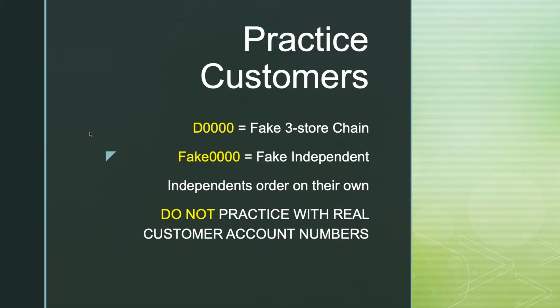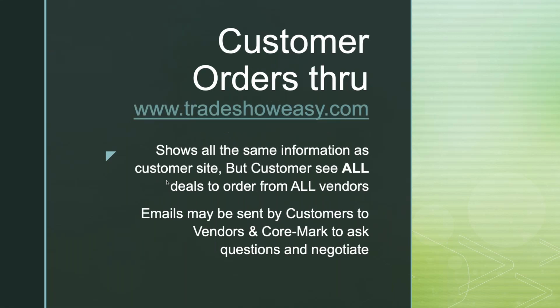The independent customers are going to be ordering on their own after, obviously, you have your meetings. Like I said, do not practice with real customers. As we go along, you'll see why. The customers are going to order through tradeshoweasy.com. That is where you have logged in to do any of your deals. They would log in at that same login page, but they go to the customer order site.